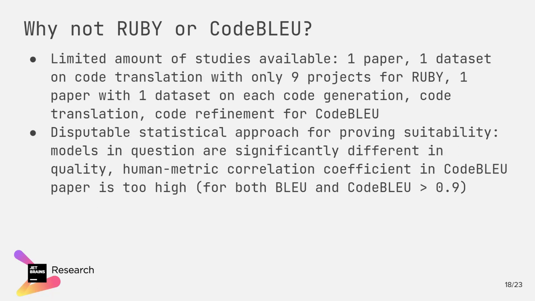And also for every dataset and for every model, BLEU is able to distinguish between the models in the same way as Ruby does. There is one artificial dataset on which Ruby works better than BLEU, but it is very strange.